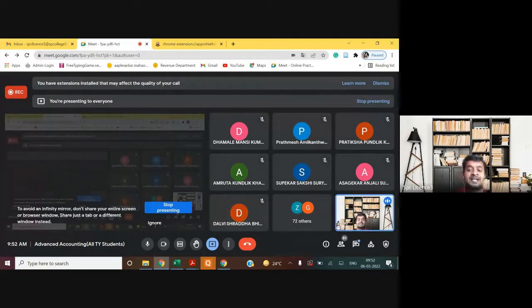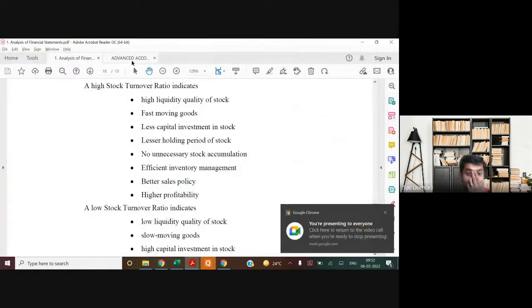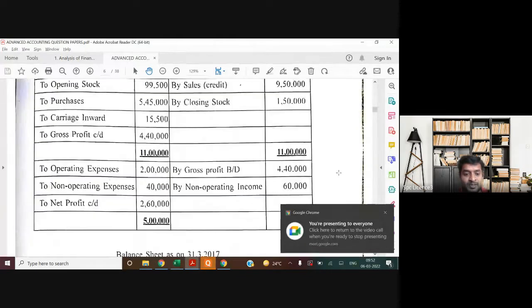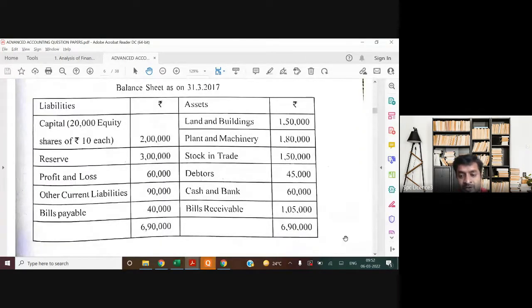No beta, see, in the asset turnover ratio we consider total assets. For example, look, here is the problem. Here is the balance sheet. What is the total asset value in that balance sheet? 6,90,000. So this business has 6,90,000 of assets. And what is the sales of this business, that is, how much sales relative to the assets? That is tested in the total asset turnover ratio. I am repeating again. By using the total asset, what is the value here? 6,90,000. With that value of asset, how much sales are realized?